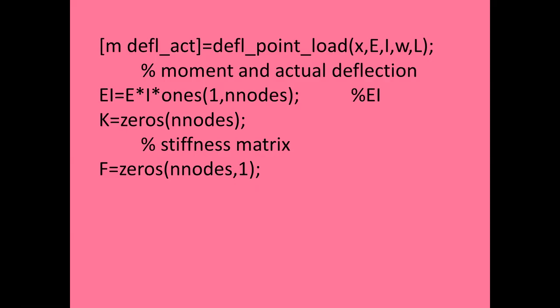In fact, when there are 3 inputs to this function named as zeros, it is going to generate a 3D matrix, and if there are 4, it is going to generate a 4-dimensional matrix, and so on.